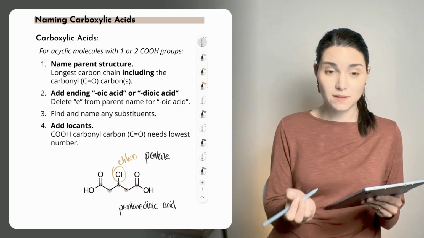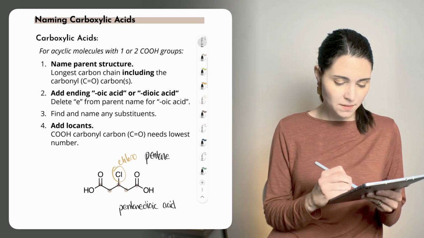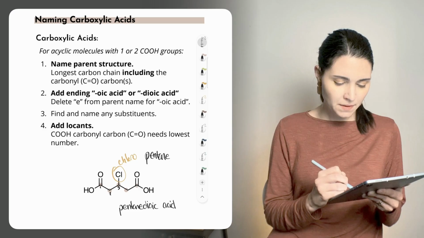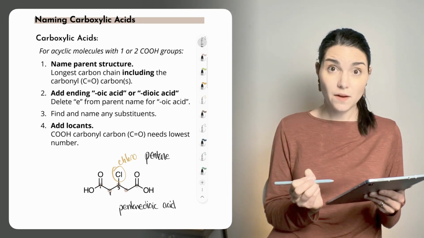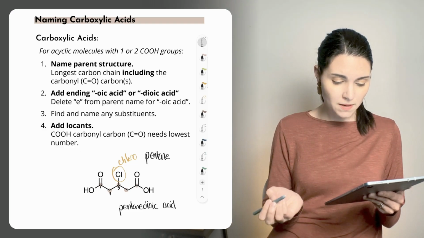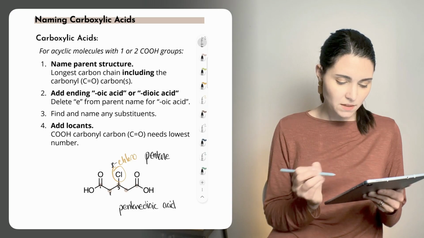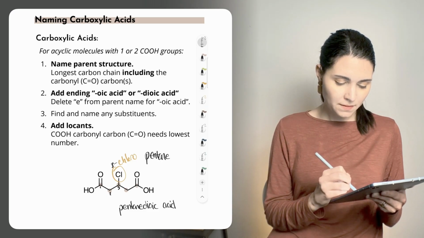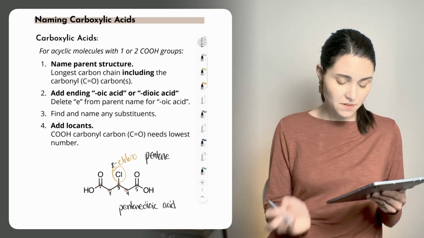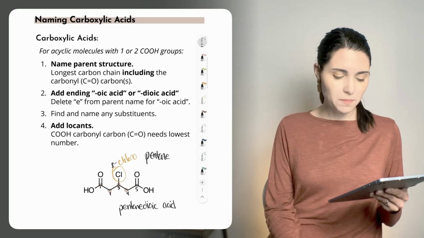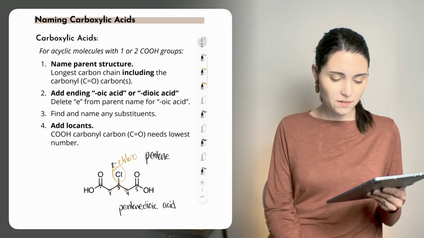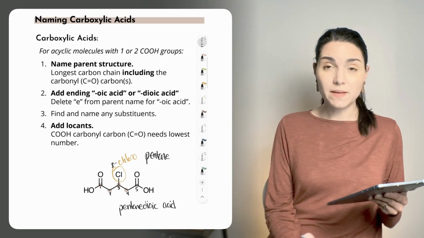And we need a locant for the chloro, so let's number 1, 2, 3. If we had started on the other carbonyl, we would also get 3. So this is a 3-chloro. I'll just put the rest of those numbers in so you can see that the carbonyl carbons for this dicarboxylic acid are 1 and 5, but we can still leave them out.